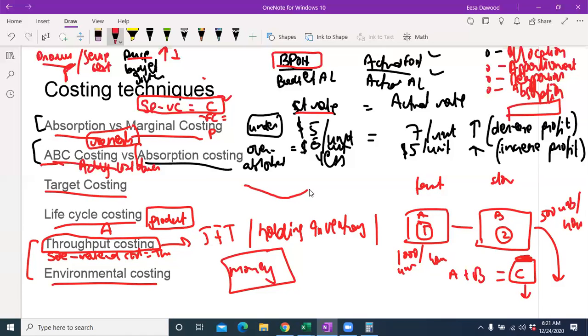It is based upon the theory of constraints. It is based upon removing the bottleneck. As you can see, 1,000 are ready in 1 hour, but only 500 of B. This is a bottleneck. A was going fine, but here at B, it is restricted. A limiting factor, or a bottleneck, is a factor that is actually reducing your level of activity or creating hindrance or reducing your production capacity. So here there was a bottleneck. So throughput believes in removing the bottleneck.